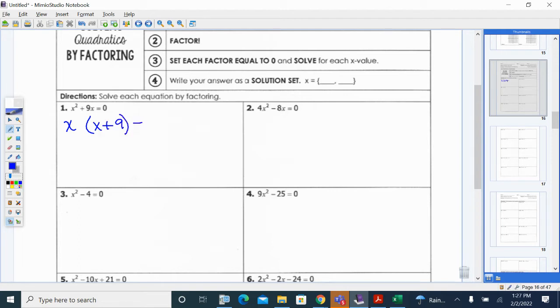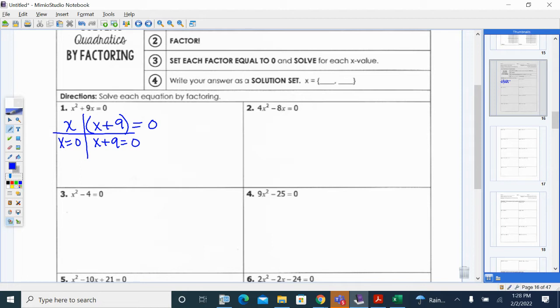In step number 3, it says to set each factor equal to 0 and then solve. So my two factors are basically the things that have x's in them. So x and x plus 9 are my two factors. So I'm going to set x equal to 0, and I'm going to take the x plus 9 and set it equal to 0.